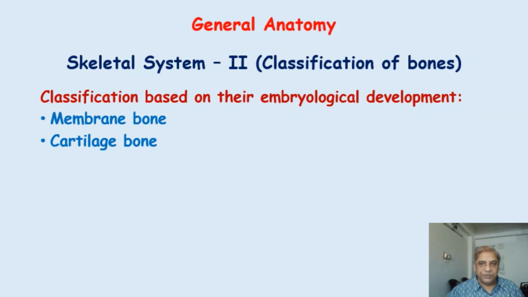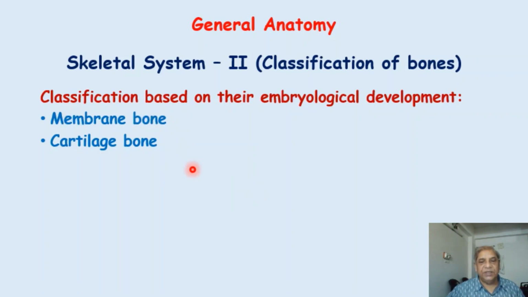Now, you must have read, or in the next video I may tell you, about how a bone develops. During the intrauterine life of a fetus or embryo, it starts developing either in membrane.